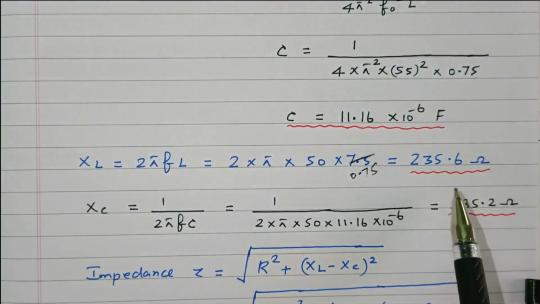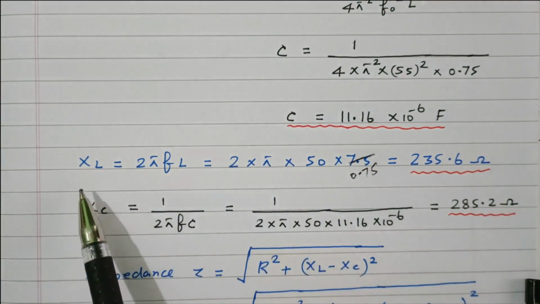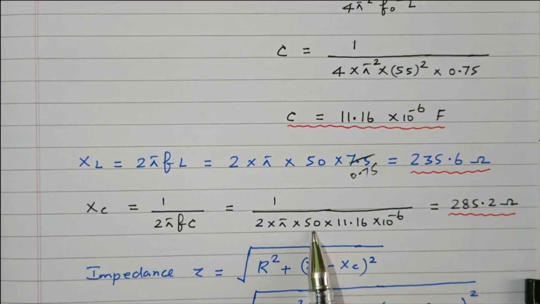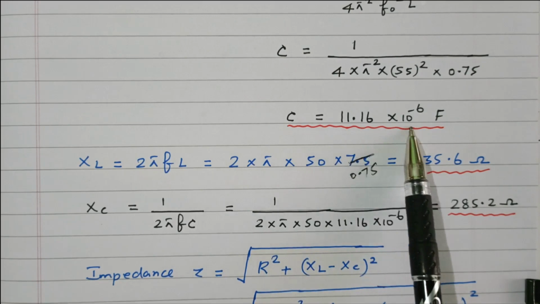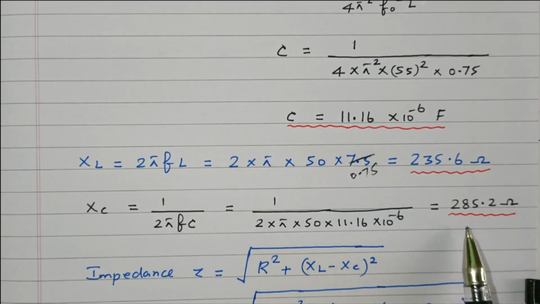While simplifying we will get 235.6 ohm, the inductive reactance. Similarly, capacitive reactance XC equal to 1 divided by 2 pi FC, that is 1 divided by 2 into pi into supply frequency 50, into the capacitance we calculated, 11.16 into 10 to the power minus 6. While simplifying we will get 285.2 ohm.